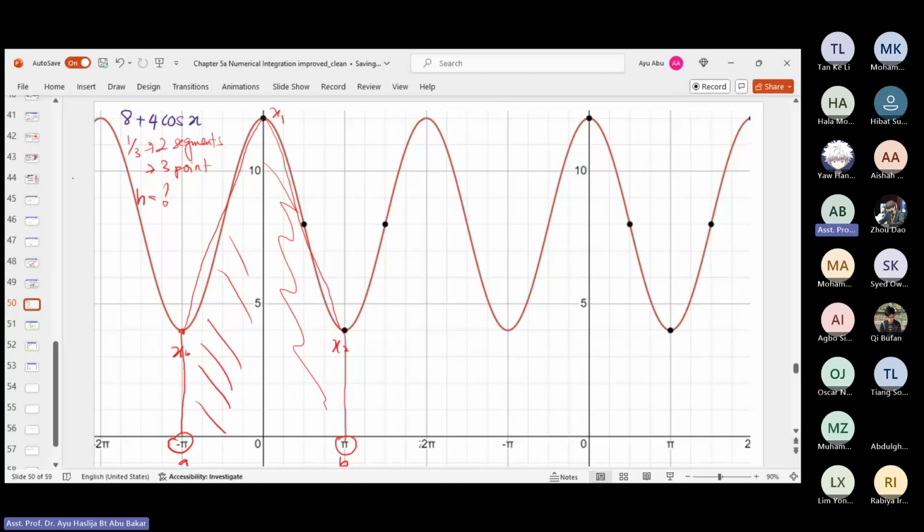If you do straight line from x0 to x1, you will notice error here and perhaps some error over here, this side as well.